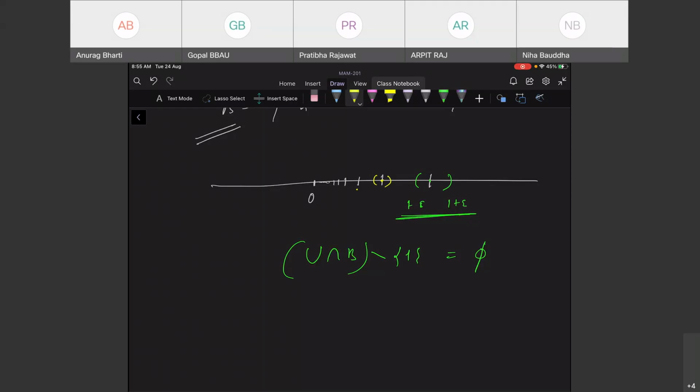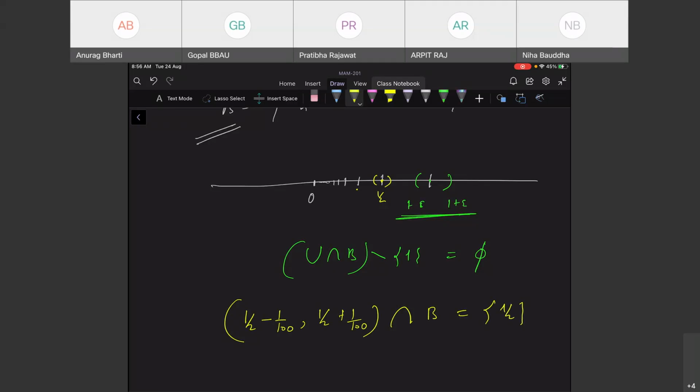Okay, so here this is the point half. Take a small neighborhood, half minus 1 by 10, half plus 1 by 10. Or you may take an even smaller neighborhood, 1 by 2 minus 1 by 100, 1 by 2 plus 1 by 100. When you intersect with B, you will get half only.